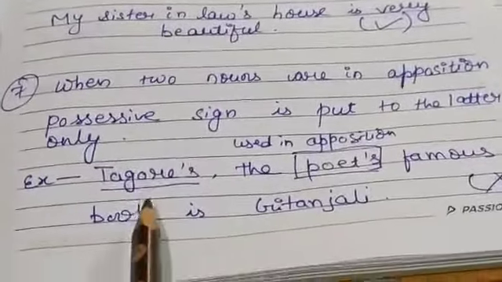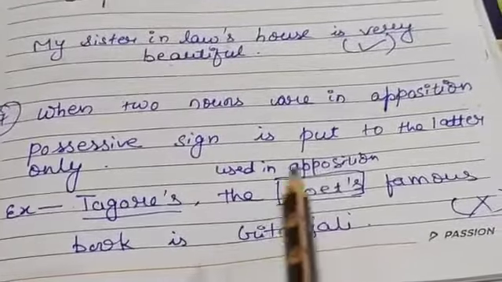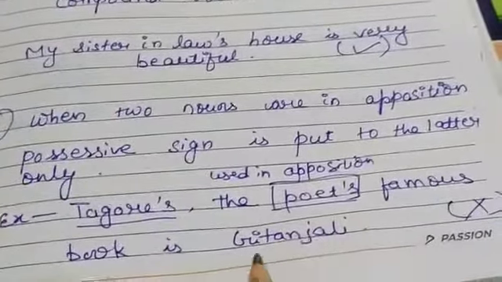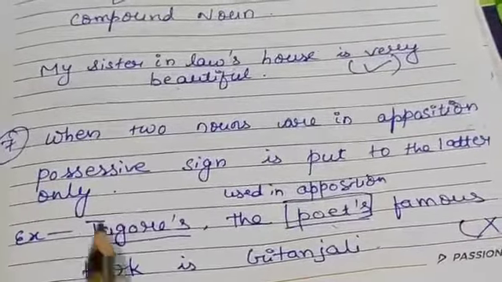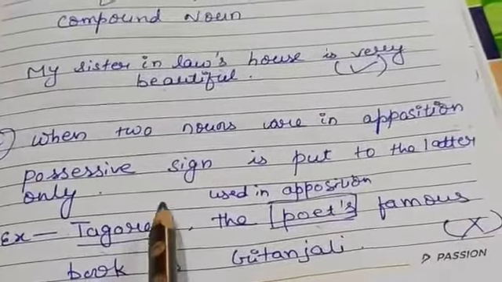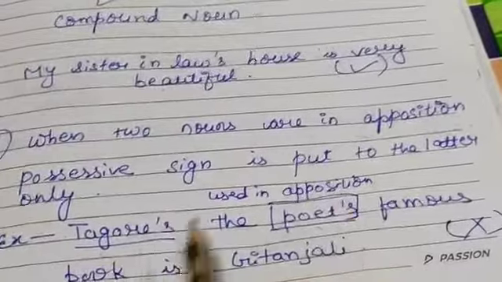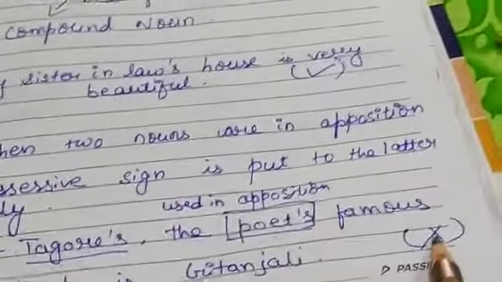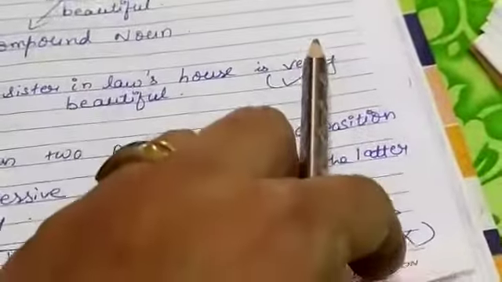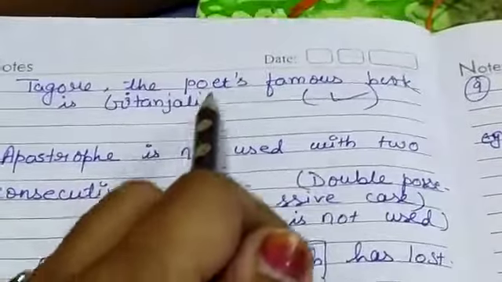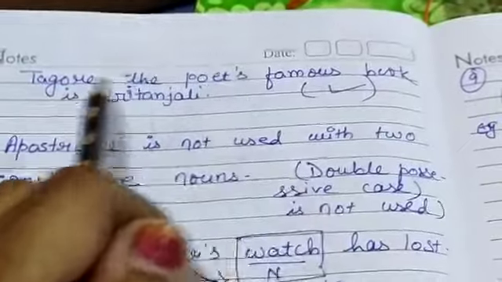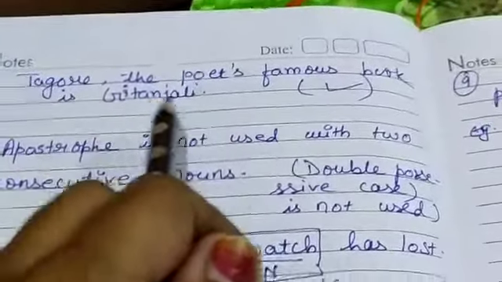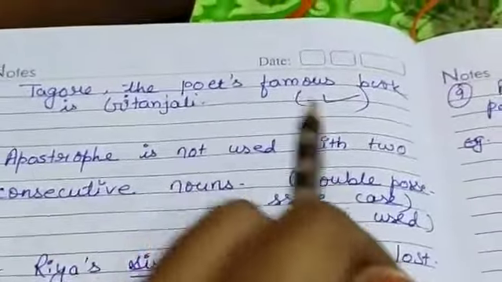For example, Tagore's, comma, the poet's famous book is Gitanjali. Here poet is referring to Tagore. But I have used apostrophe S with both the nouns, which is wrong. What will we do? We will use apostrophe S with the second noun only. That means Tagore, comma, the poet's famous book is Gitanjali.